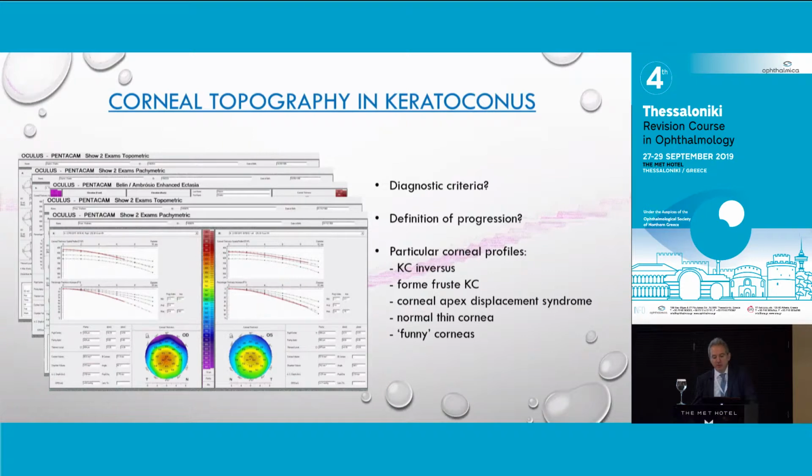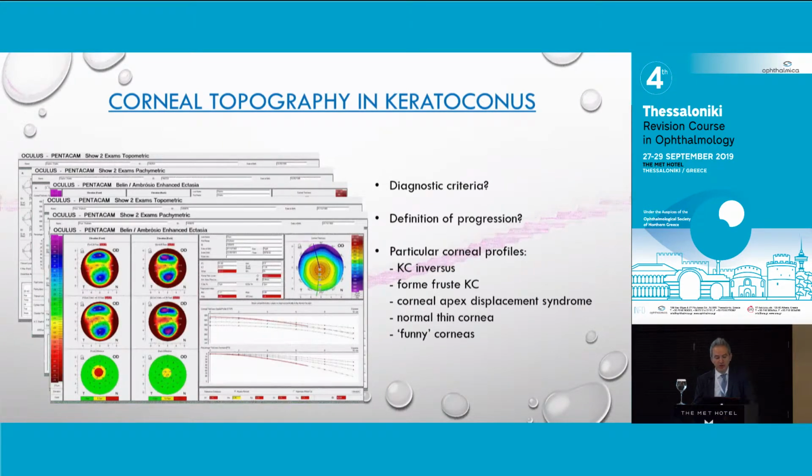We have the forme fruste keratoconus, where we see only minor changes, for example, in the posterior surface of the cornea. And there we need to use corneal biomechanics in order to facilitate a valid diagnosis.